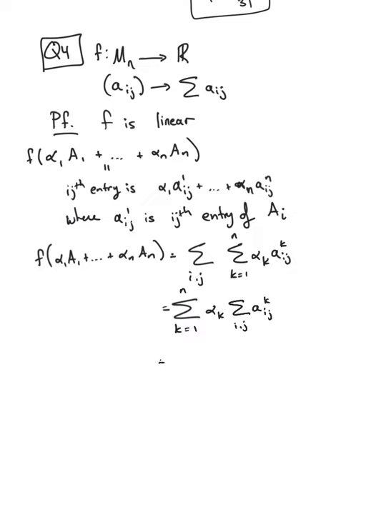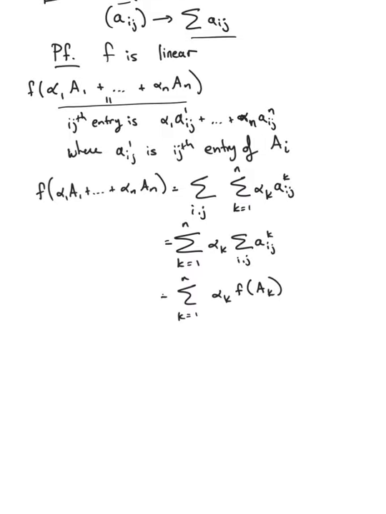And this is precisely the sum from k equals 1 to n, alpha k, F of Ak. So in short, when you take a linear combination of matrices, you're getting a linear combination of those sums, and that's the same as the sum of the linear combinations.